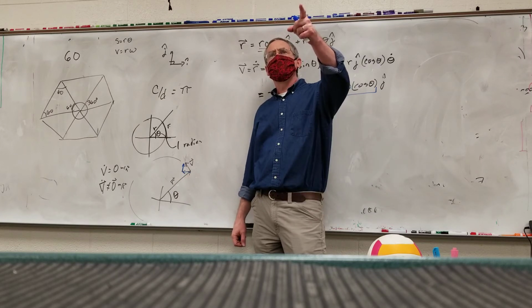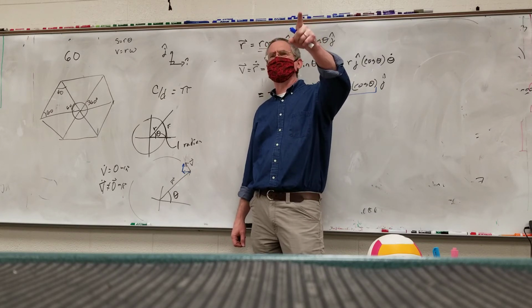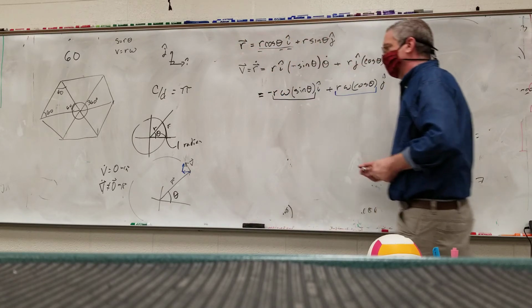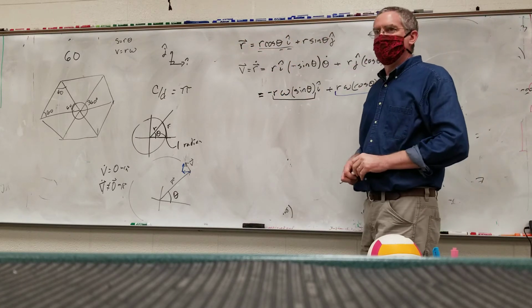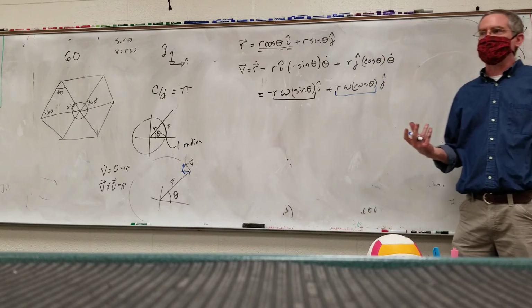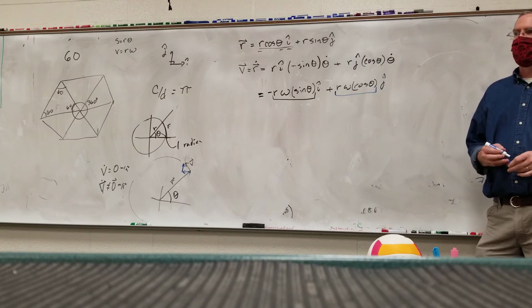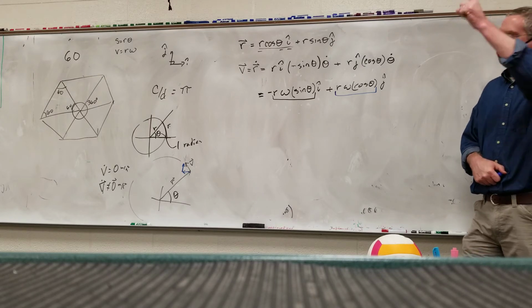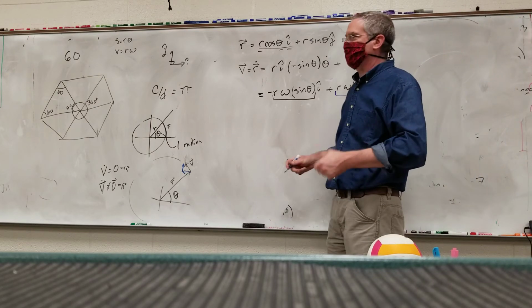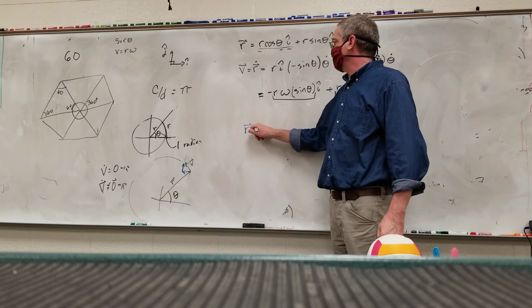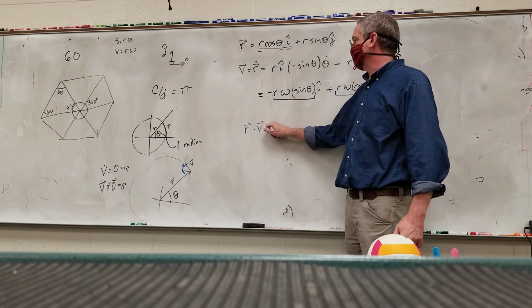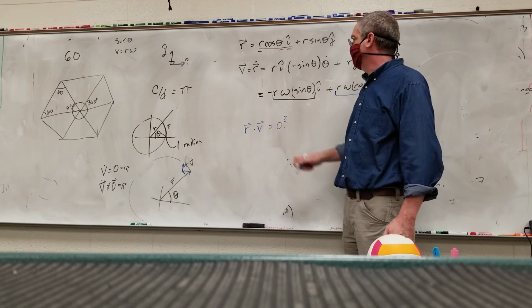Perpendicular? That's the word. Yes, they're perpendicular. Well, how can you tell if two vectors are perpendicular? The dot product is 0. Absolutely. Let's see if it's true. Is r vector dot v vector equal to 0?